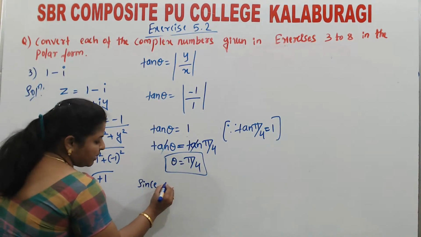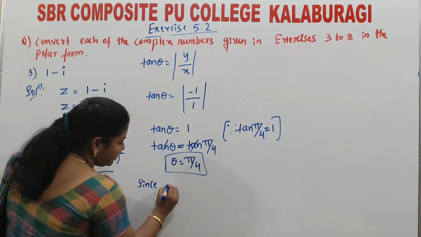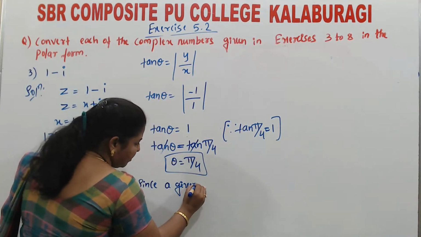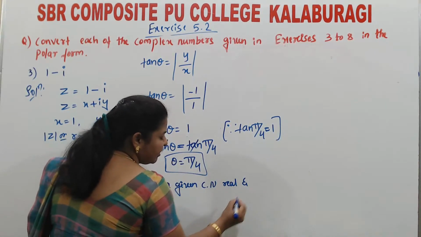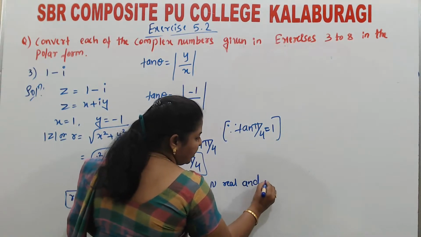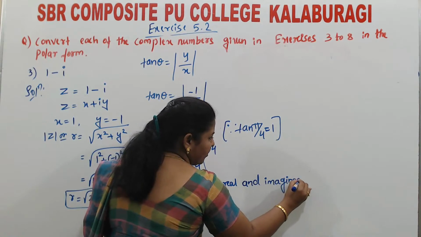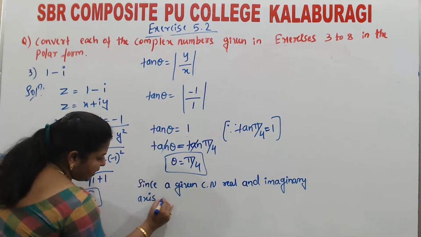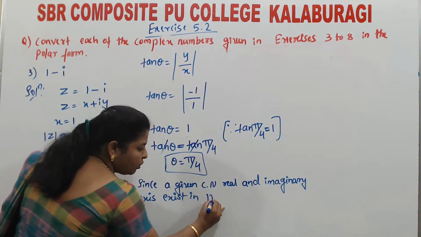Since the given complex number, real and imaginary, exist in fourth quadrant.